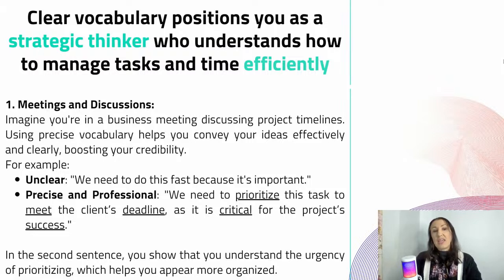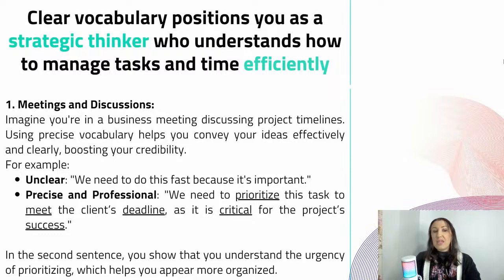Let's say that clear vocabulary positions you as a strategic thinker who understands how to manage tasks and time efficiently. For meetings and discussions, it's very unclear to say something like, we need to do this fast because it's important. You're not being very precise.